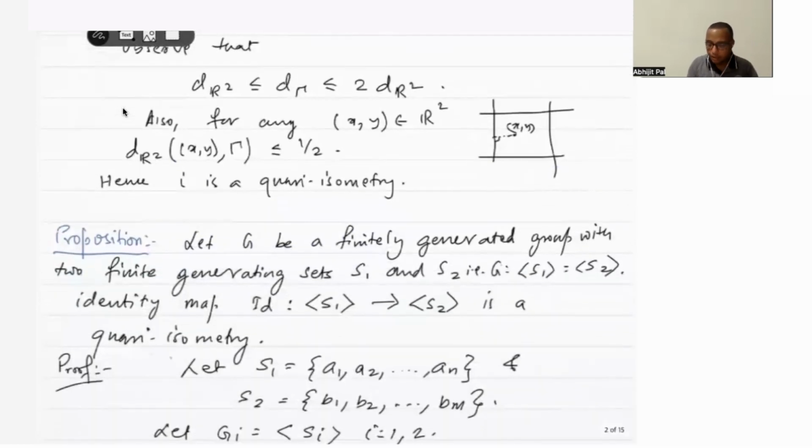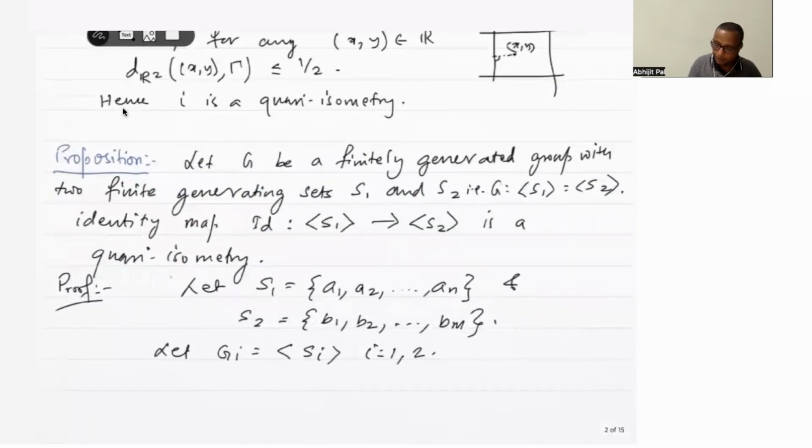Okay. So now the thing I was telling: let G be a finitely generated group with two finite generating sets S1 and S2. So G is generated by S1 and G is generated by S2. Both S1 and S2 are finite.